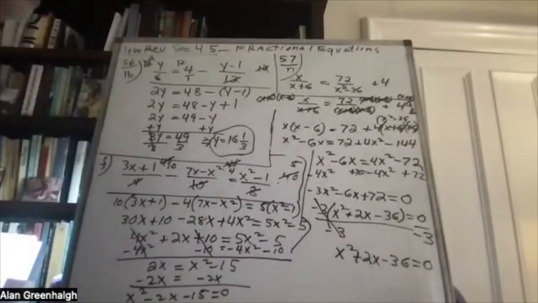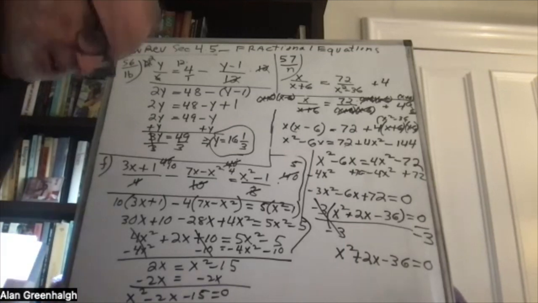Ooh. Two numbers that multiply to give you 36 and add up to 2. I made a mistake in this problem. I just know it. And I can't figure out where it is.